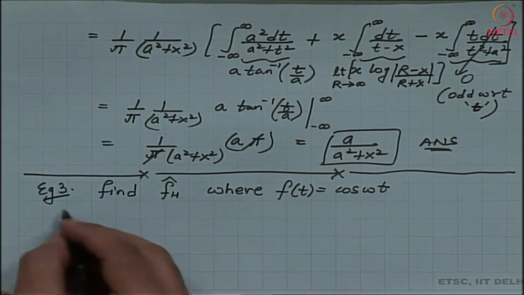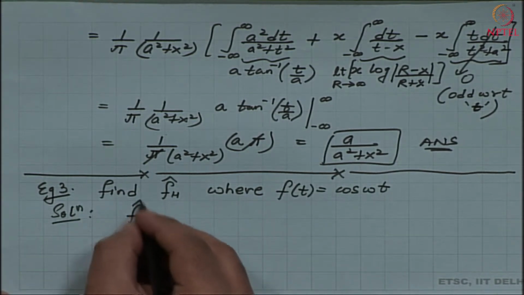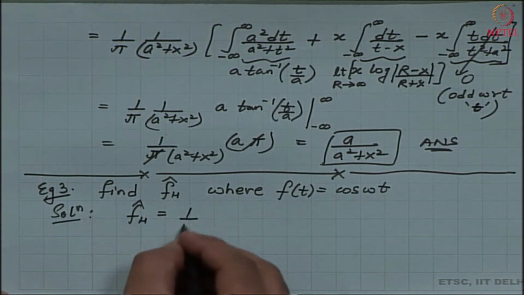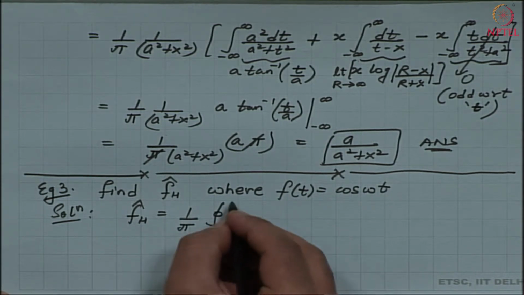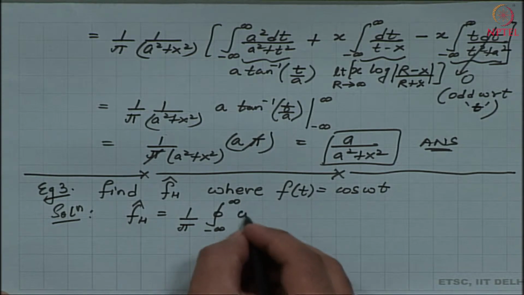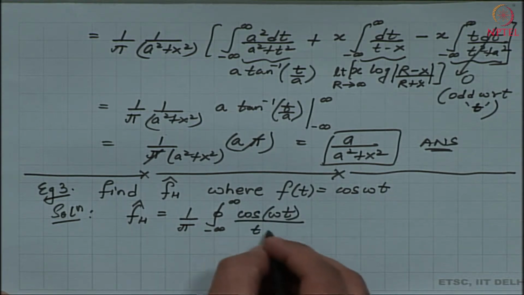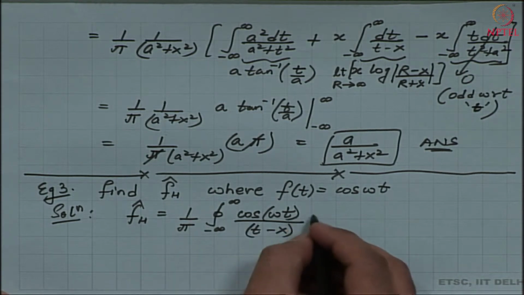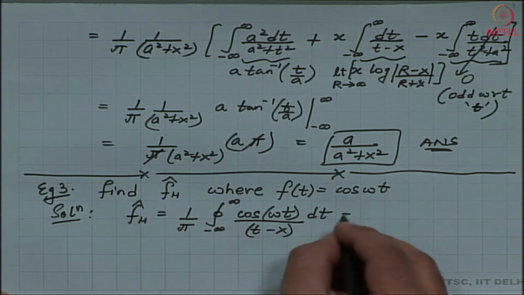Okay, so, then let us look at the transform. This is given by 1 by pi integral from negative infinity to infinity cos omega t divided by t minus x dt. Okay, so, we see that this is also equal to 1 by pi.